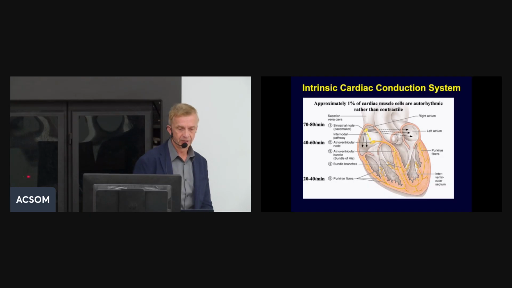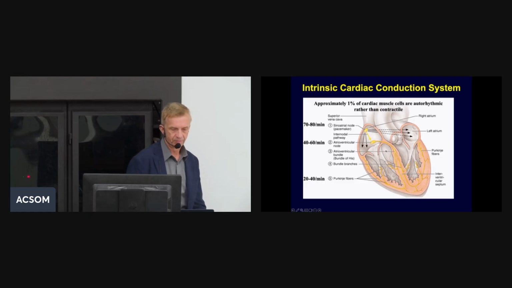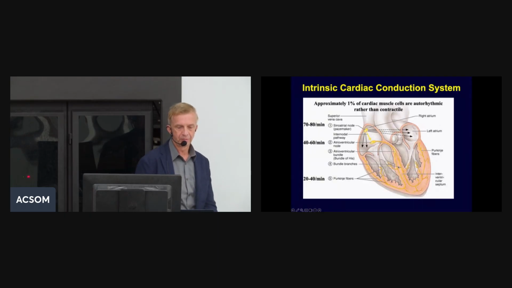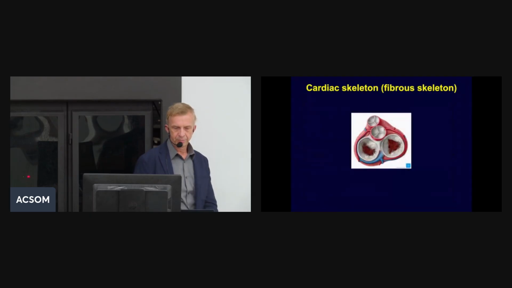So internodal pathway and the Bachmann fibers, and then you all know this AV node, bundle and two branches, right bundle branch and left bundle branch, which has two branches, anterior and posterior, and then Purkinje fibers, which is the final conduction of the electrical impulse to the myocardium.